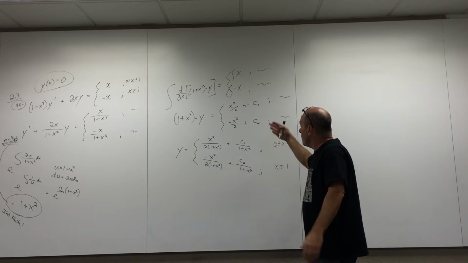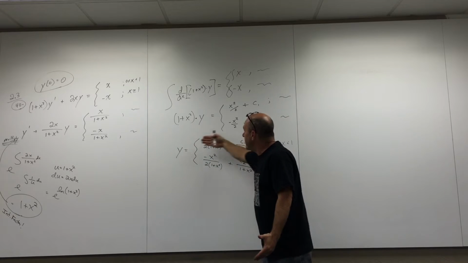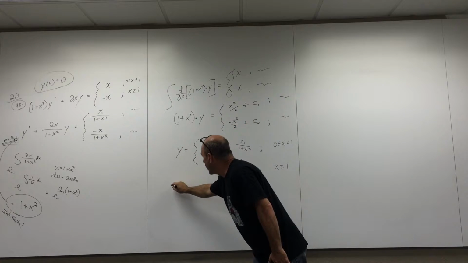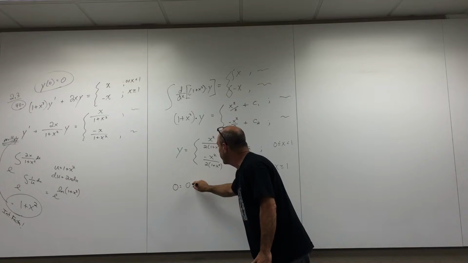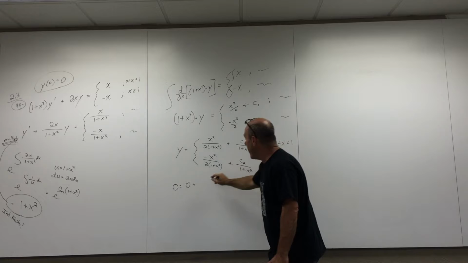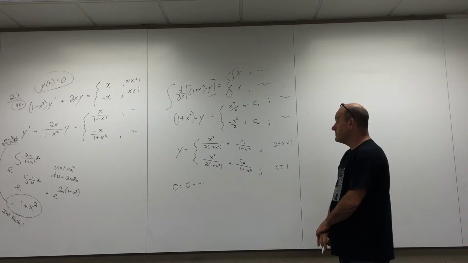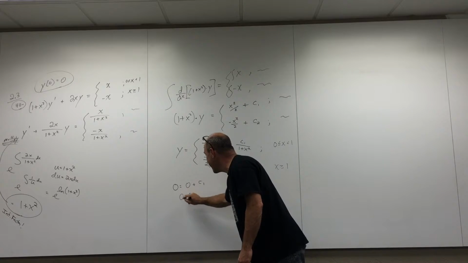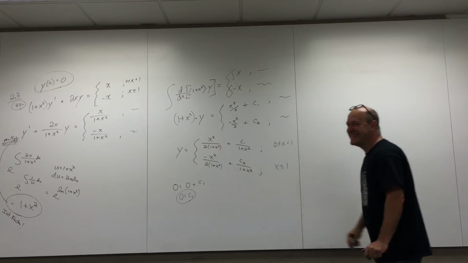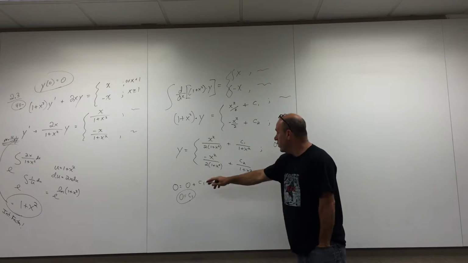When you plug in a 0 for x, you get a 0 for y. So what's c1? 0. C1 is 0. Cool.